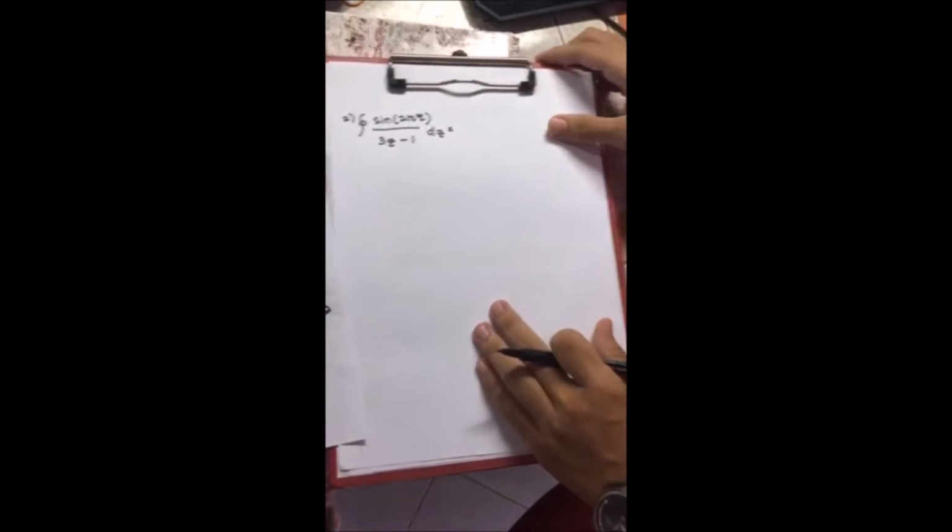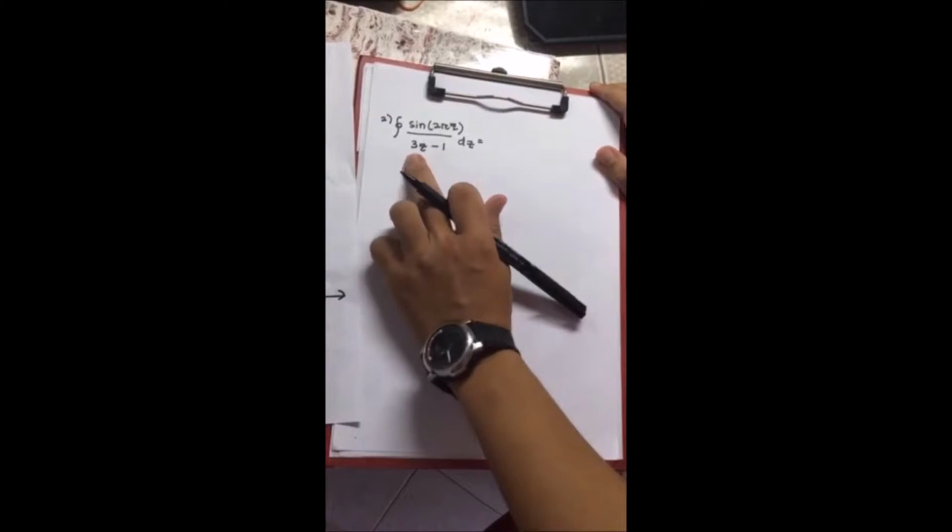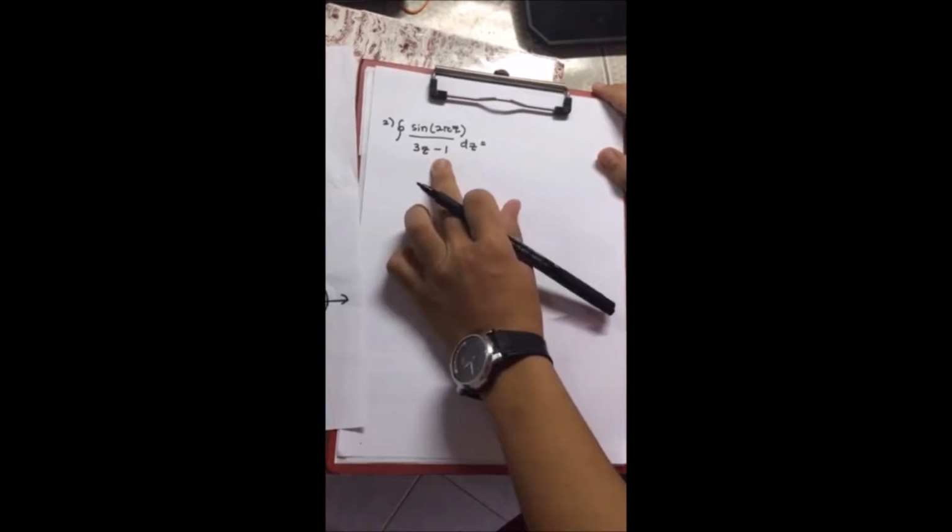Okay, we go to the second question. The integral of sin 2 pi z divided by (3z minus 1) dz.